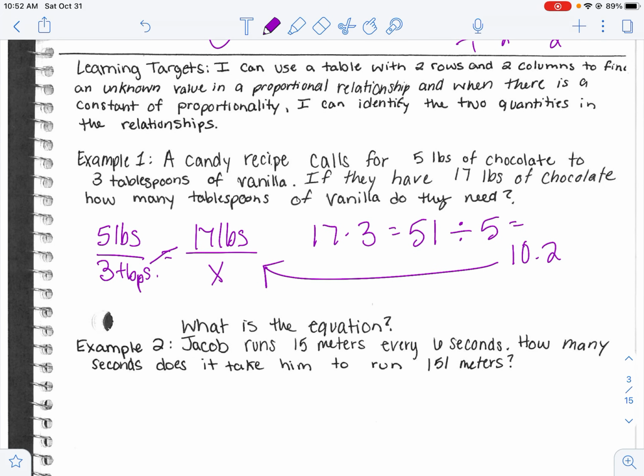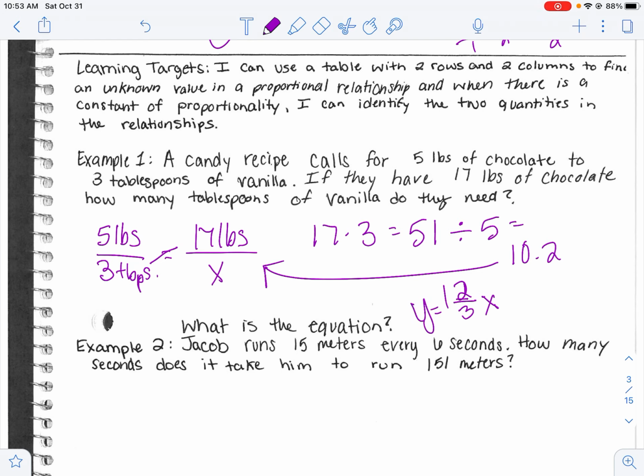Okay, and they're asking, what is the equation for this? Is there a way that we could figure out a constant? Yes. So, if we take 5 divided by 3, we get 1 2/3. Our x value is the amount of tablespoons. So we have x and y.